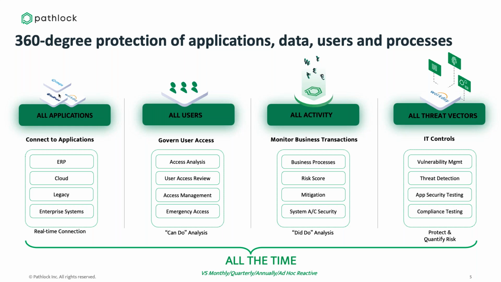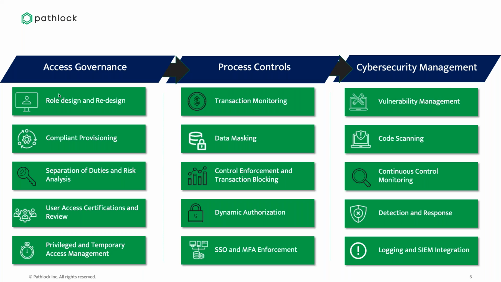This is, you know, quarterly, monthly, annually, or on an ad hoc basis that you can have this understanding. We do this really through a multiple approach. So we've got different processes inside of different areas. When we talk about access governance, it's things like role redesign, SOD and risk analysis, user access certifications and reviews, privileged and temporary access management, those types of things.